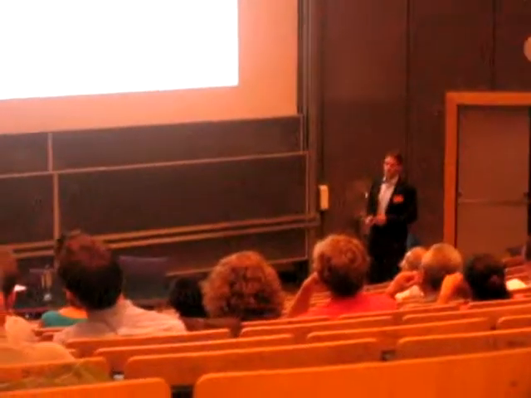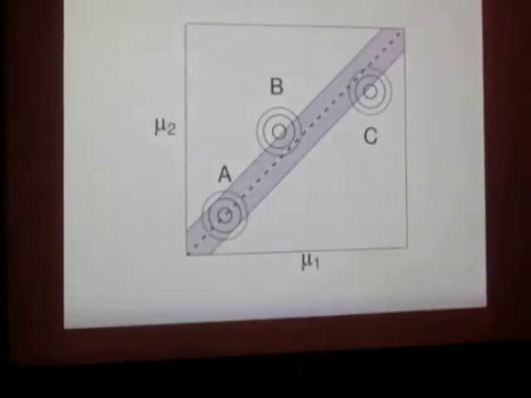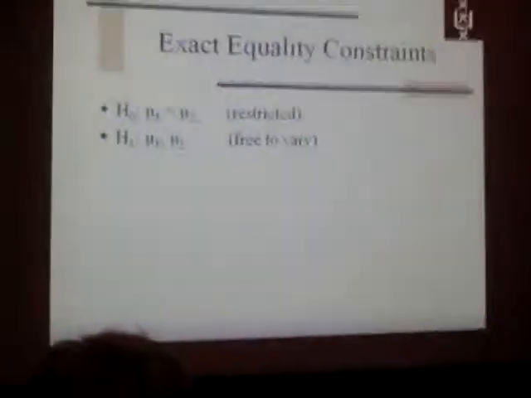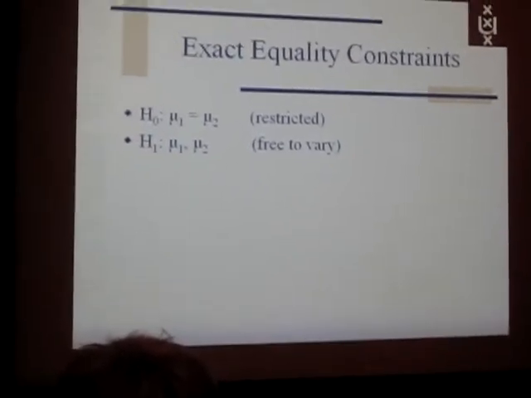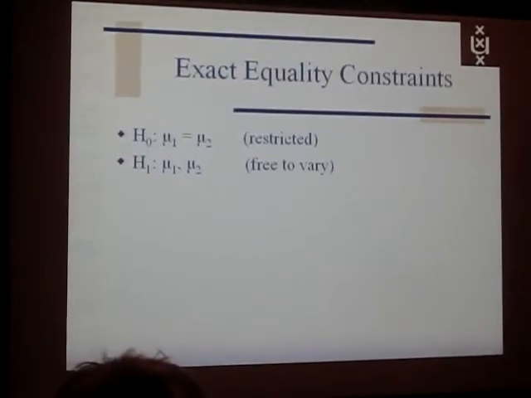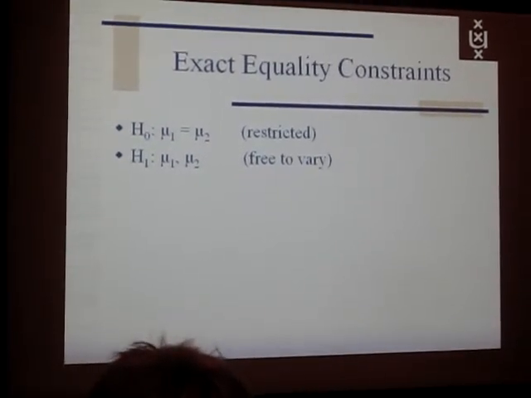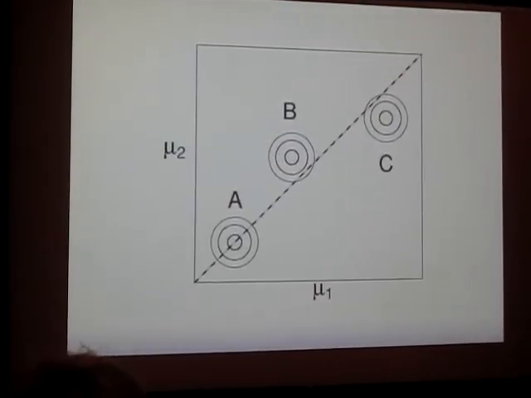But now, we might wonder what happens if we make this epsilon very small. So, in the limit, when we make it very small, and if we stick to this pictorial representation, we're going to look at this situation where epsilon gets very small, so we effectively want to test an exact equality constraint. We get this.